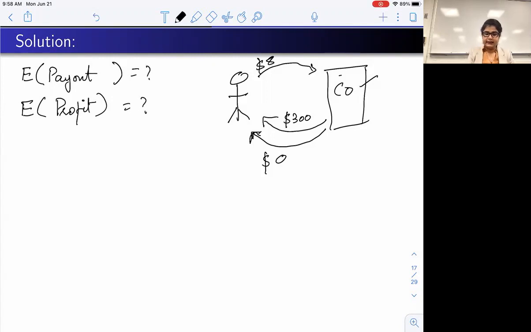It means we have to make the probability distribution for the payout: how many total possible outcomes we have for the payout. One choice is that the farm is destroyed, and another choice is that nothing happened.